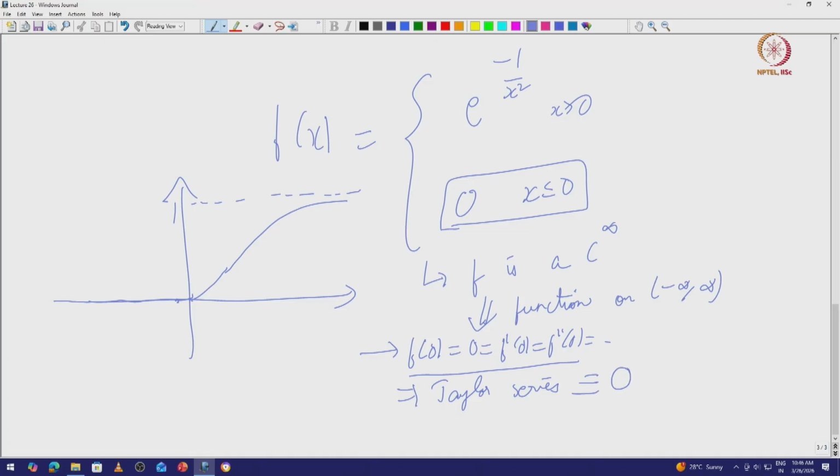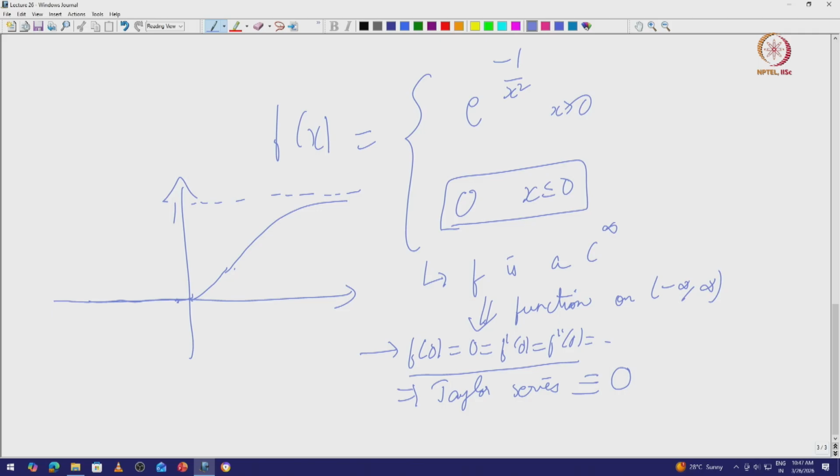So not only does the Taylor series converge, it converges to a constant 0. And yet this function is not a constant. It is not 0, right? So this is a shocking example where the Taylor series converges manifestly and yet does not converge to the original function, right? So this is a very strange example.